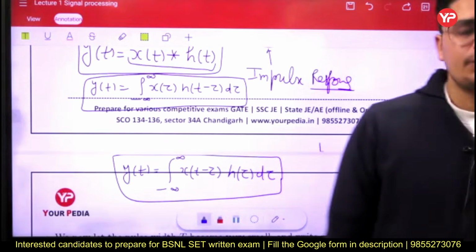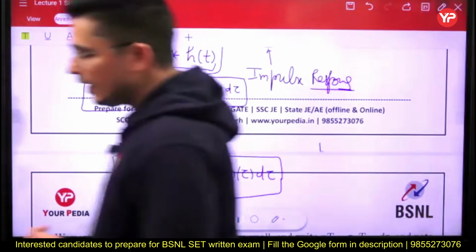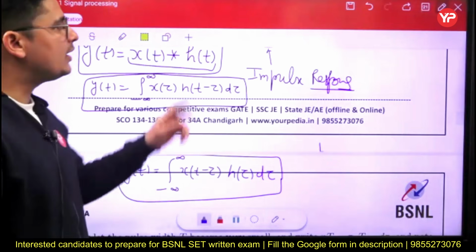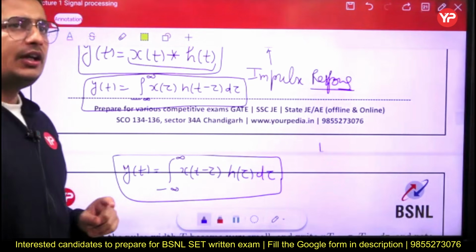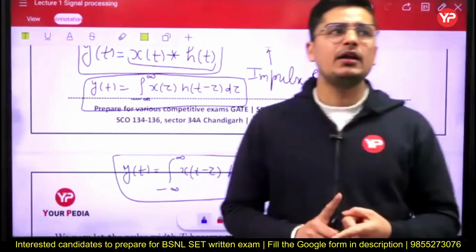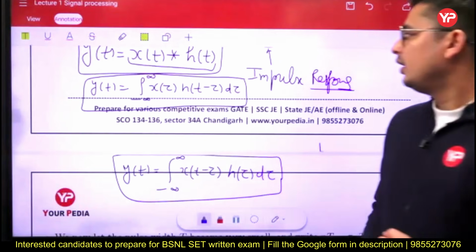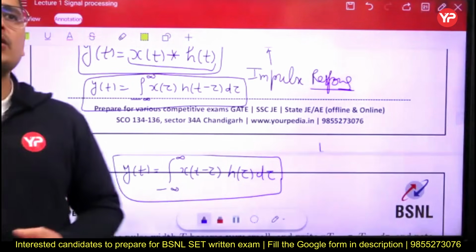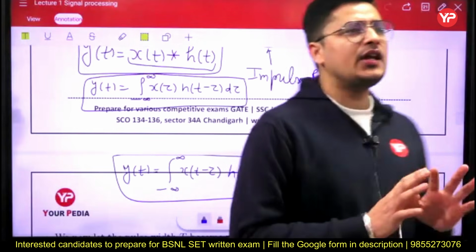The main thing is that when you give the input x(t) to a system S with impulse response h(t), its output will be y(t), and that y(t) equals the convolution of input x(t) and impulse response h(t).